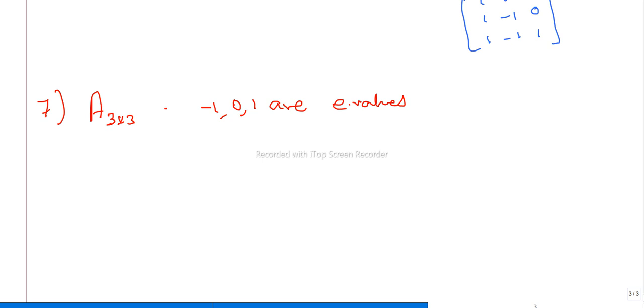The eigenvector for minus 1 is (1, minus 1, 0) transpose; I write it in a row, but I can take the column. The eigenvector corresponding to 0 is (1, minus 2) transpose. Transpose means you have to write it as a column vector. The eigenvector corresponding to 1 is (1, 1, 1) transpose.